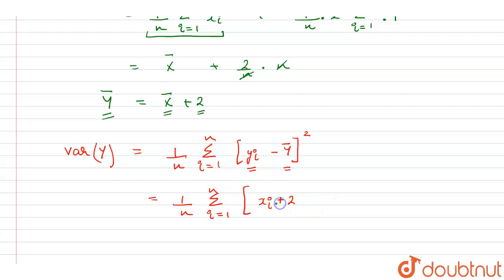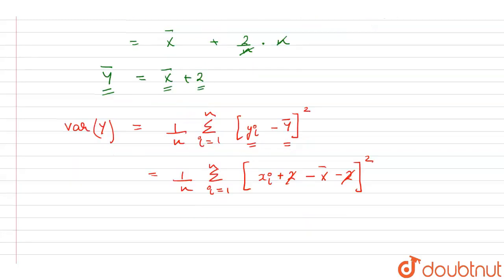the value of yi is xi plus 2, and the value of y bar is, as we just now found out, x bar plus 2, and there is a negative sign over here. So this will be xi plus 2 minus x bar minus 2, whole square. So this 2 will be cancelled by this 2. We are left with 1 upon n, summation of i equals 1 to n of xi minus x bar whole square, and this is equal to the variance of y.